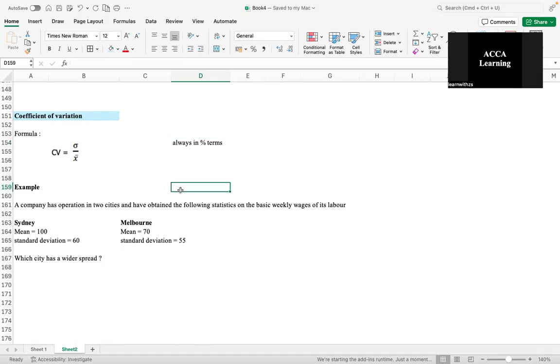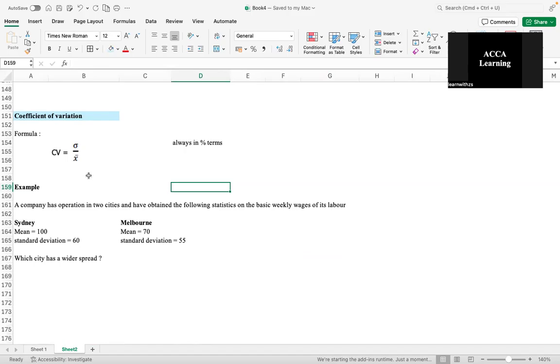So basically, coefficient of variation is based on the idea that the relative variability of a data set can be represented by the ratio of standard deviation to the mean. Okay. It allows for comparison of variability across data sets with different units or different scales.